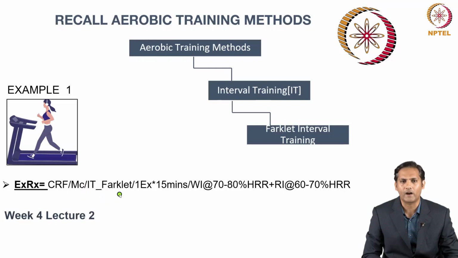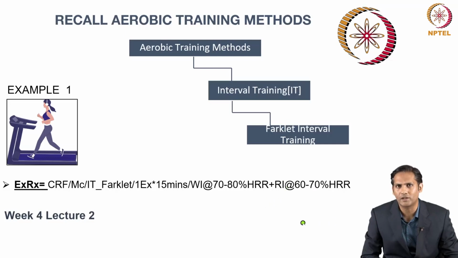You are performing only one exercise with one set with a duration of 15 minutes. Now the interval is defined here: work interval at 70 to 80% of HRR and rest interval at 60 to 70% of HRR.